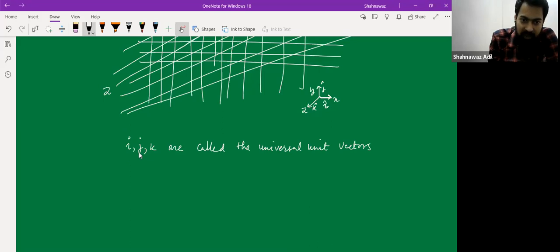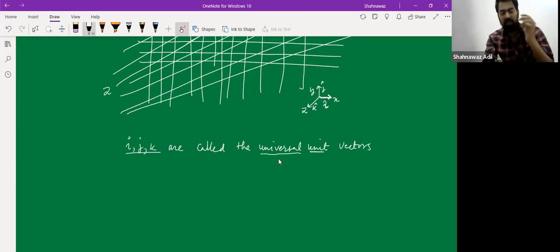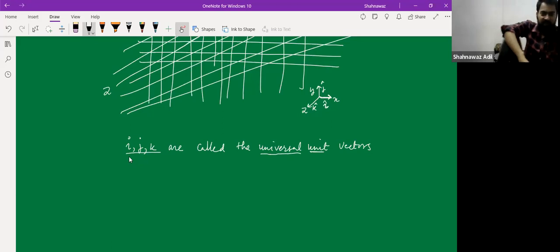As the name suggests, they are unit vectors. And by universal, I mean that they are accepted globally. All the people define vectors this way. So these are accepted globally.